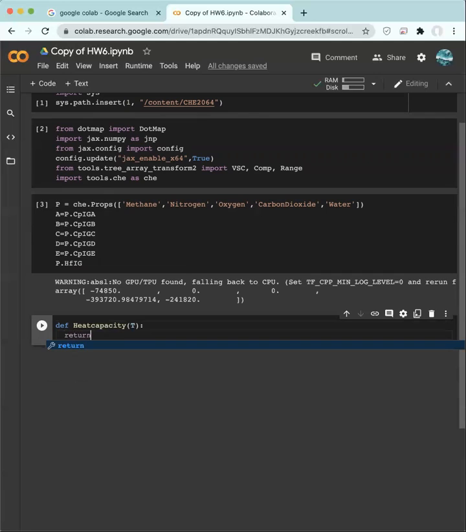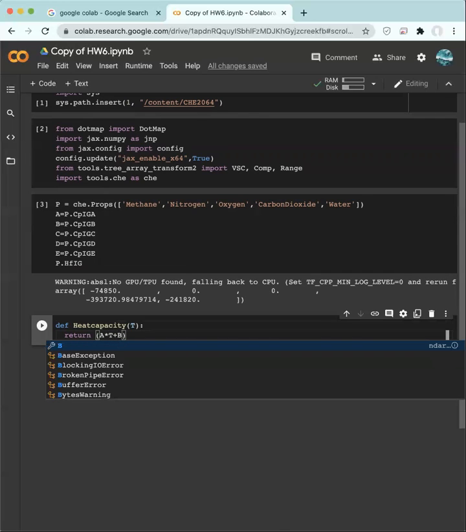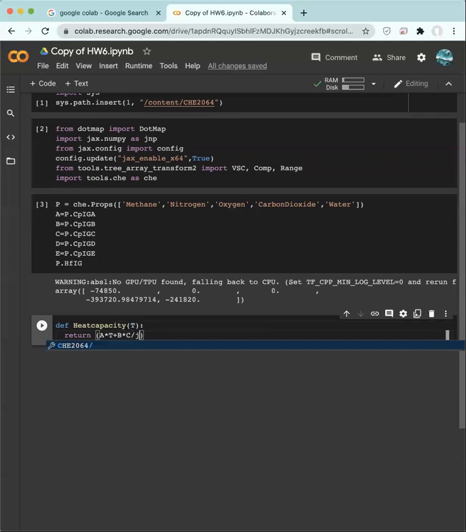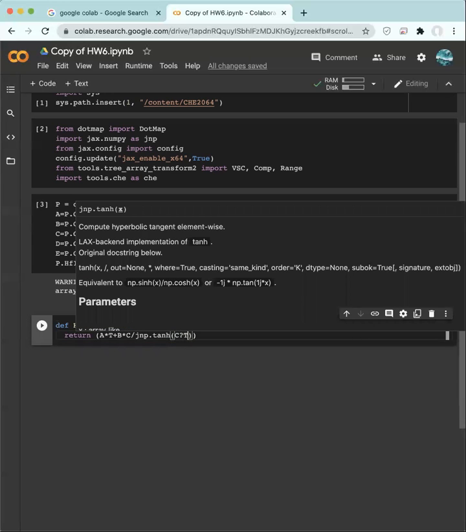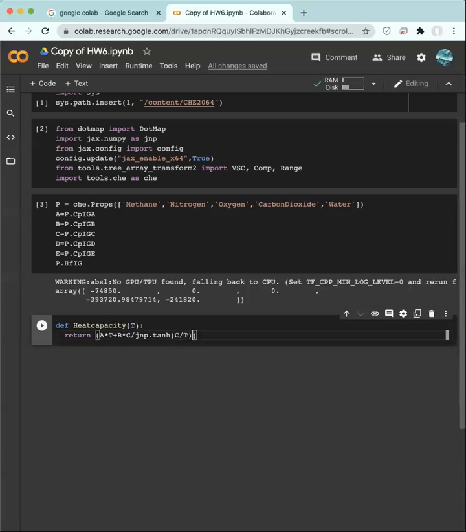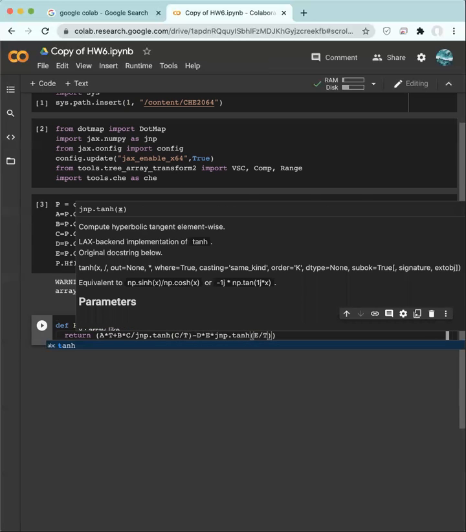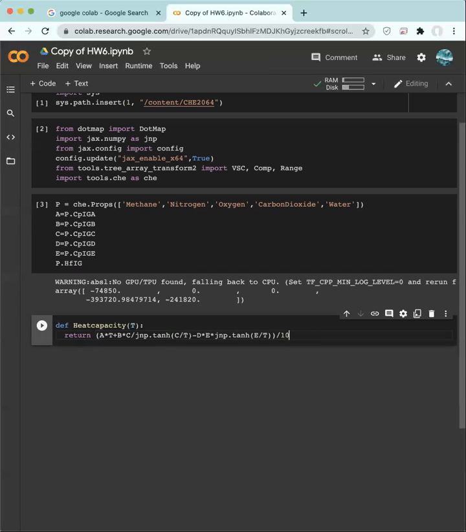So we're going to want it to return, let's see, A times T plus B times C over JNP.tanh, that's the hyperbolic tangent, C divided by T, oops. And then we're going to want to subtract D times E times the hyperbolic tangent of E over T. We want all of that divided by 1,000.